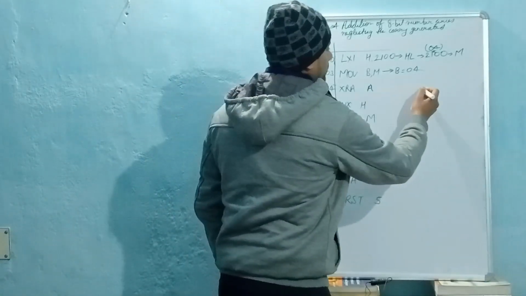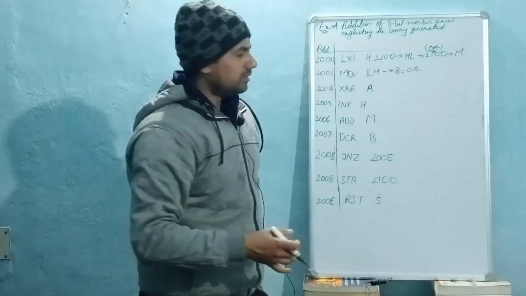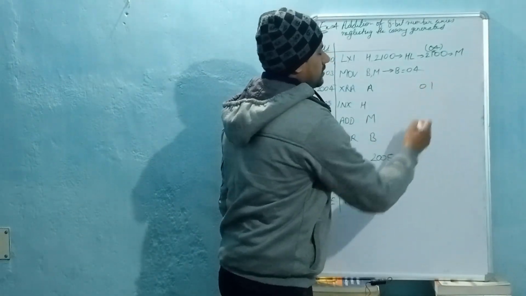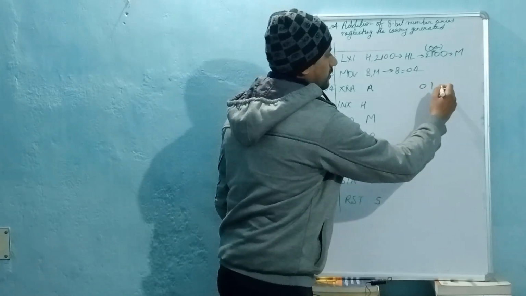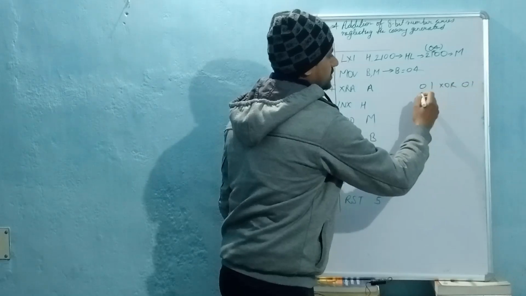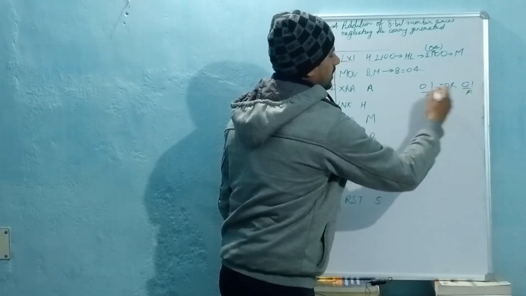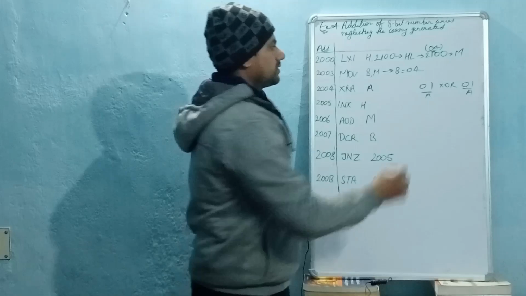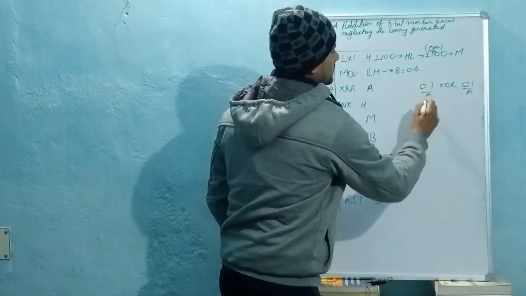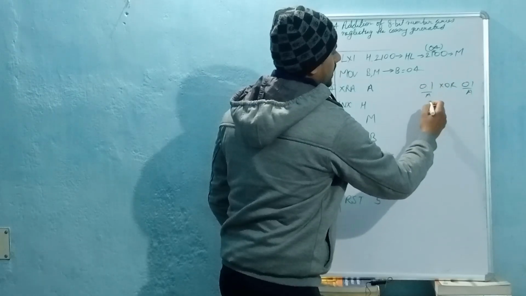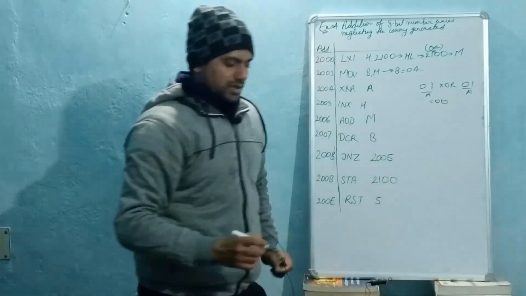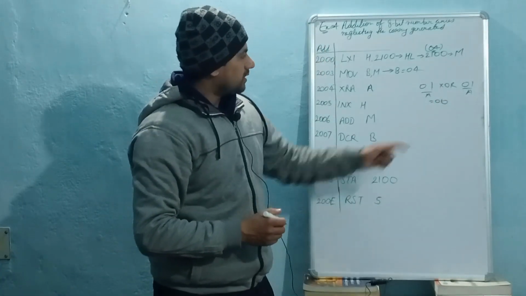For example, if the accumulator holds 01, then 01 XOR 01 gives 00. So if 0 and 0, the output is 0, and 1 and 1, meaning same, the output is 0.